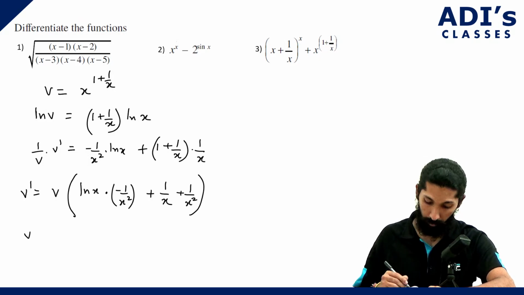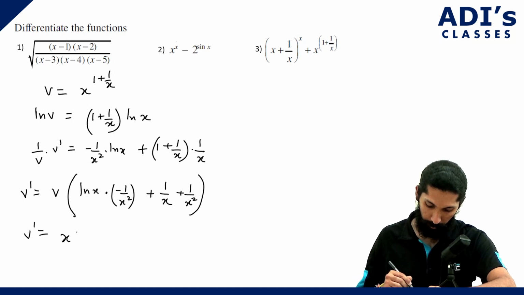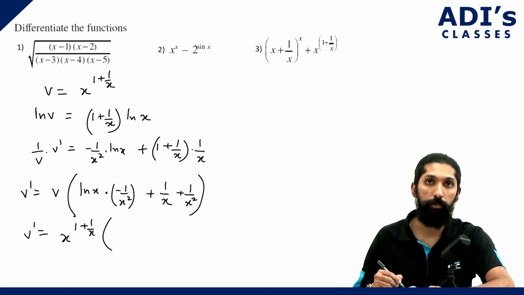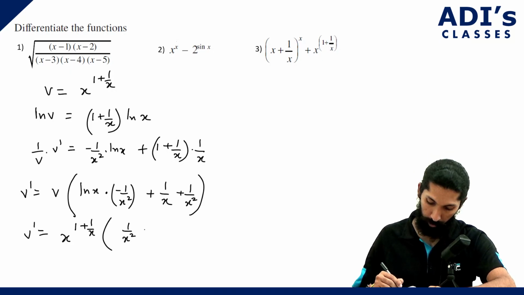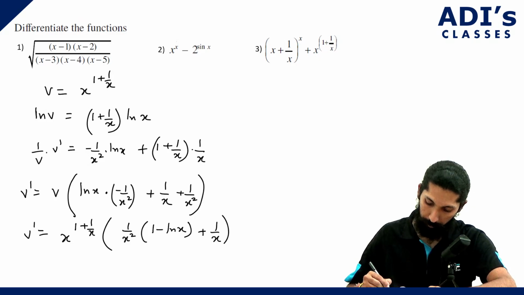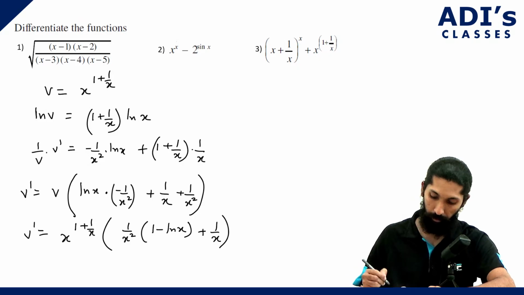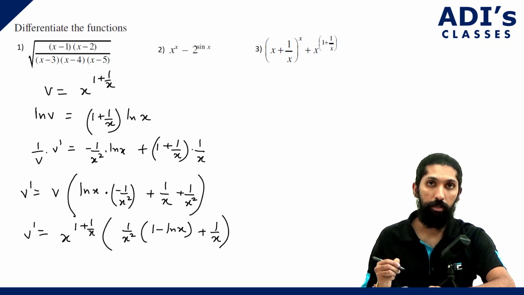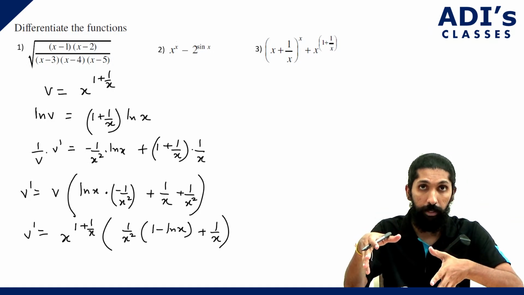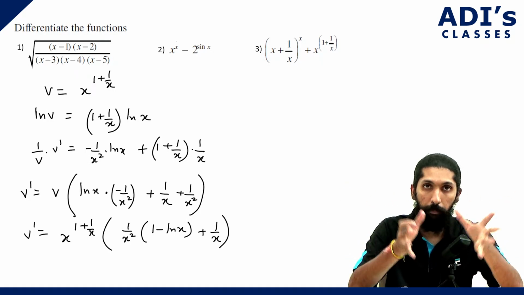So v dash is equal to x power 1 plus 1 by x into, see, take 1 by x square common, right? 1 by x square into 1 minus log x plus 1 by x. This is v dash. You already have u dash, you have v dash, correct? So y dash, combine both of them together, right?